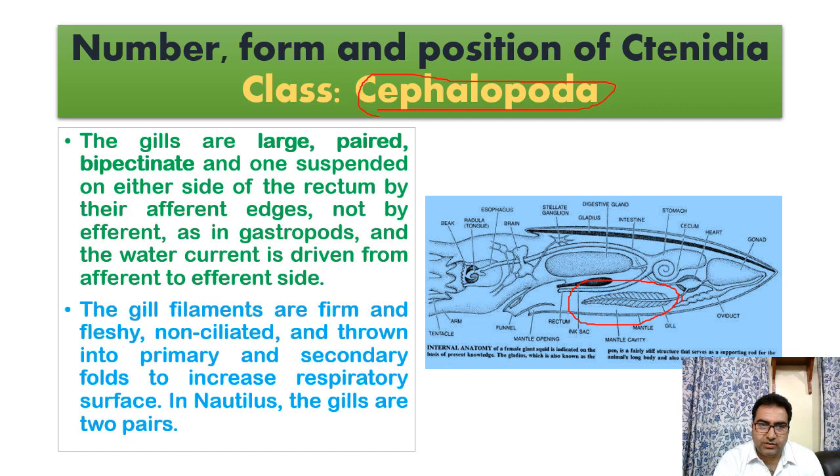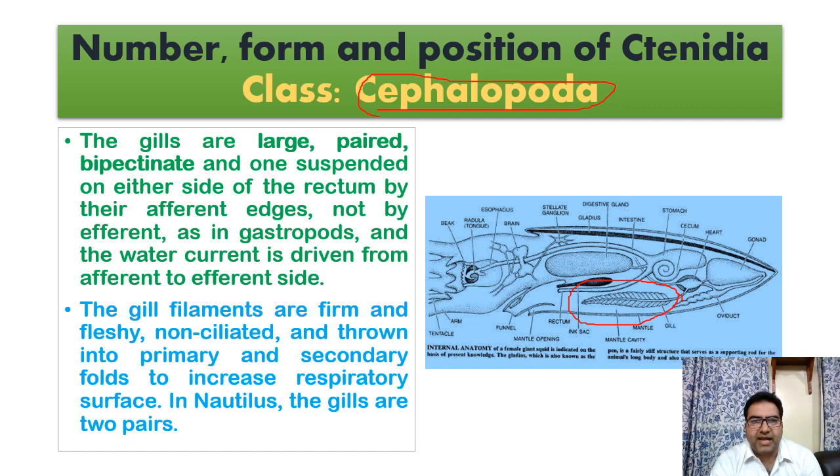In the case of Nautilus, the gills are two pairs. The hemolymph flows through the gills and is assisted by the pulsatile accessory branchial heart, which is located at the base of the gill in the course of the afferent ctenidial vessel and placed in an annex of the pericardium.